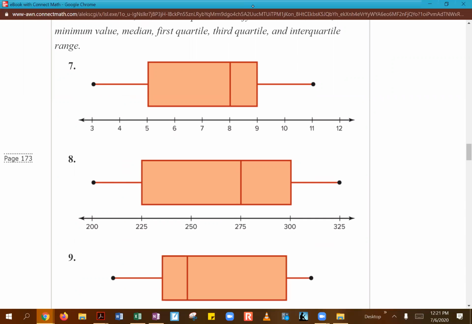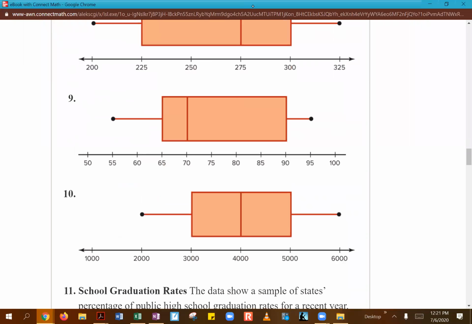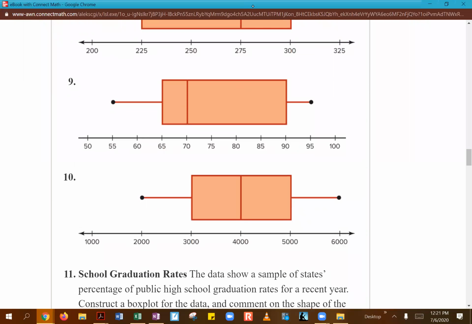So looking at number 9, what do you think our 5-number summary is going to be? So let's start with the lowest data value.